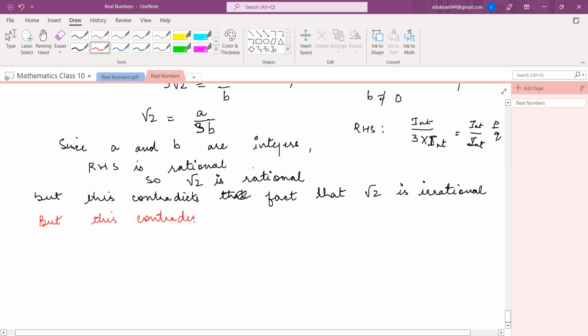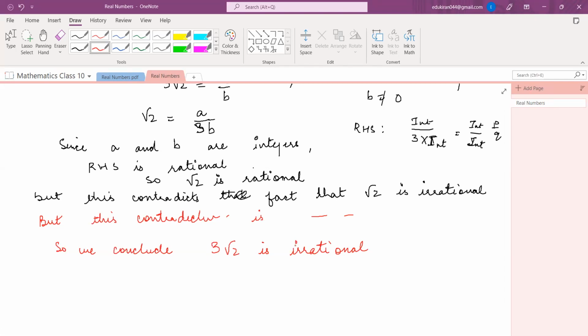Okay, you can write the line. I'm just skipping it. So we conclude that 3 root 2 is irrational. Yes, Hamna, clear? Yes, ma'am.